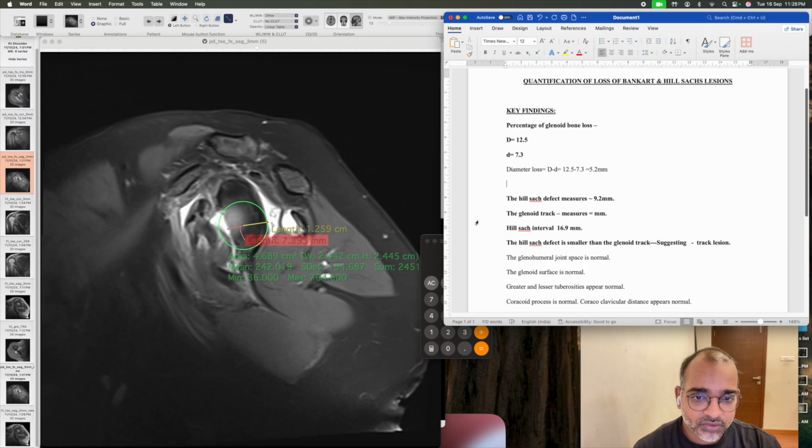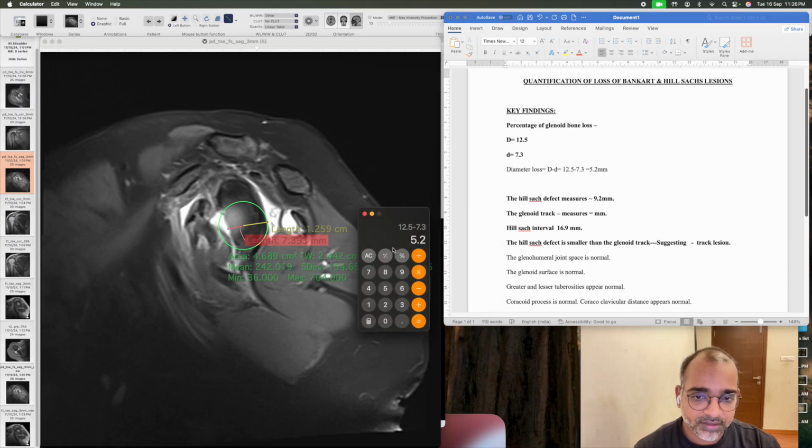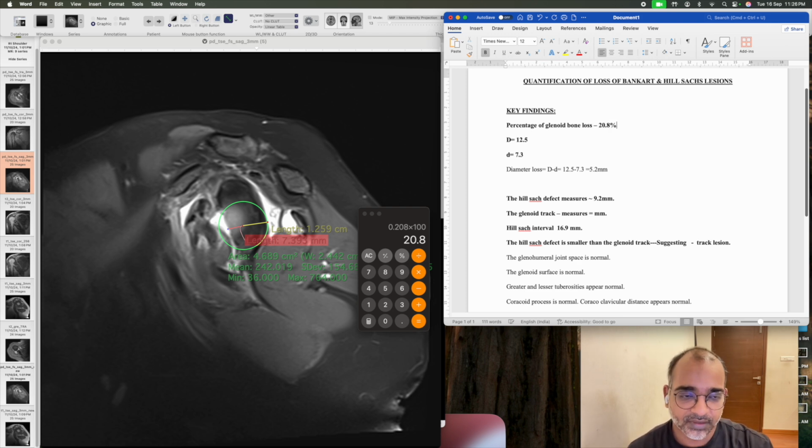So the percentage of glenoid bone loss is 5.2 divided by 12.5 plus 12.5, that is 25, into 100. So the percentage bone loss is around 20.8%. So we are getting that the bone loss is significant, 20.8%.